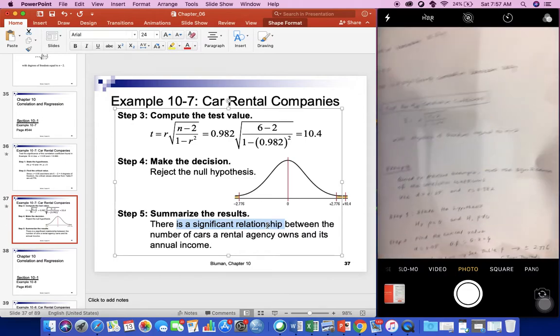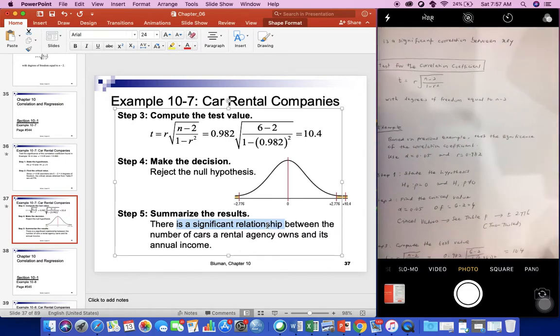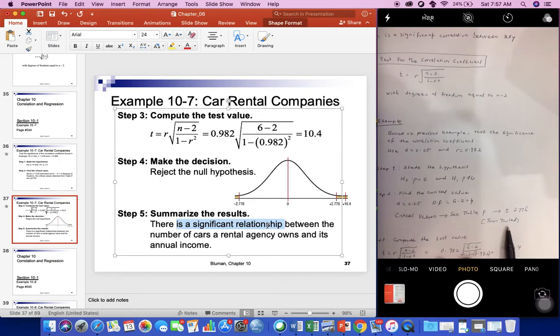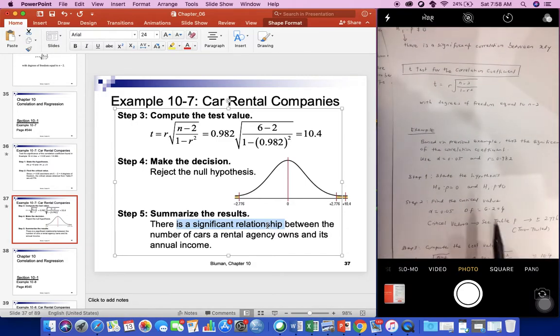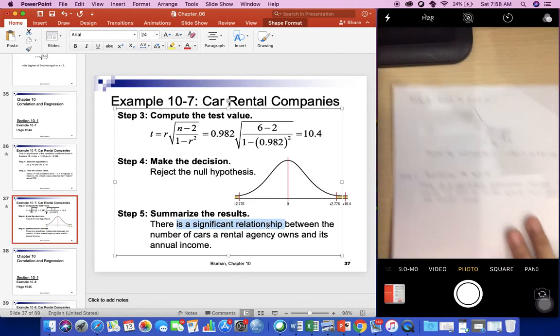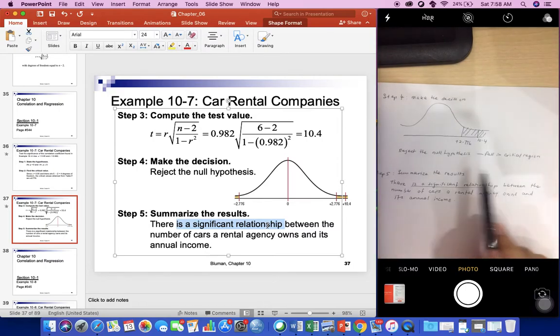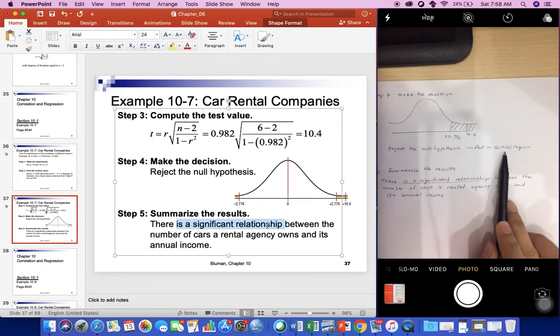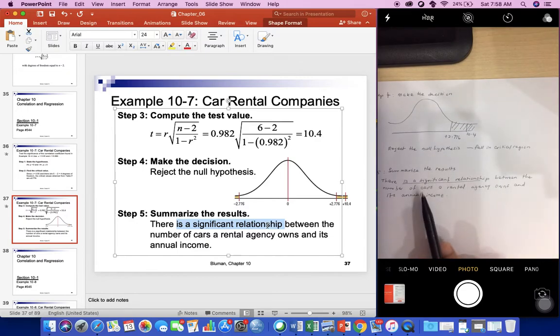Here I already stated this is a two-tail test, so you must see table F for the two-tail. The degree of freedom is 4 and alpha is equal to 0.05. I also note this one as falling in the critical region, and highlight this one, significant relationship.